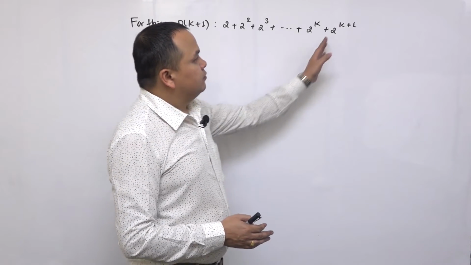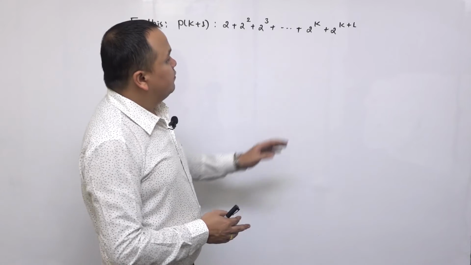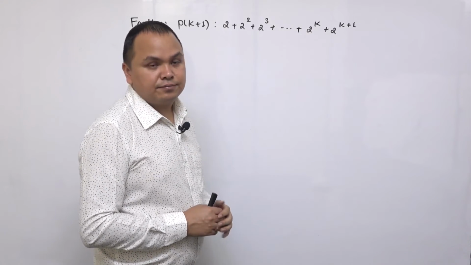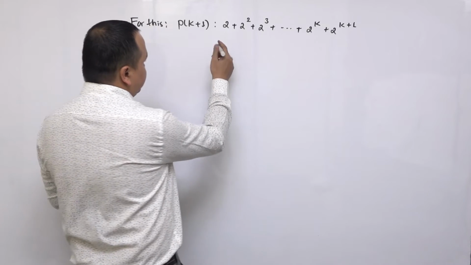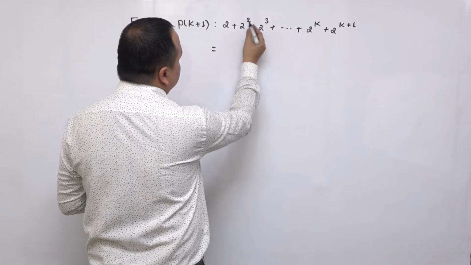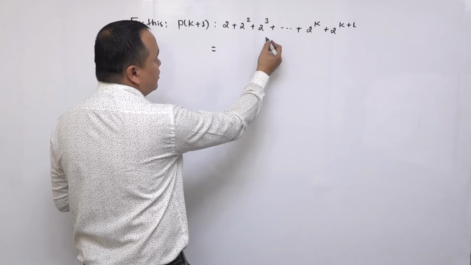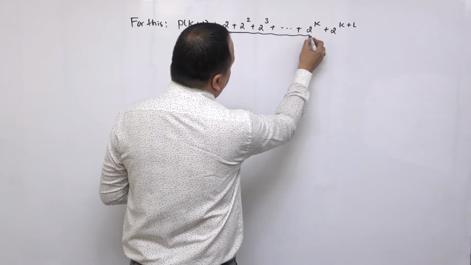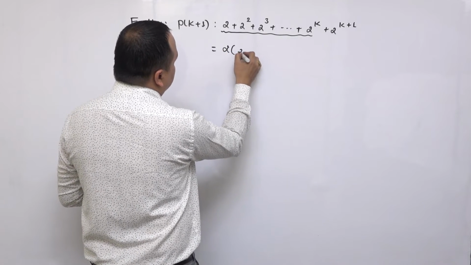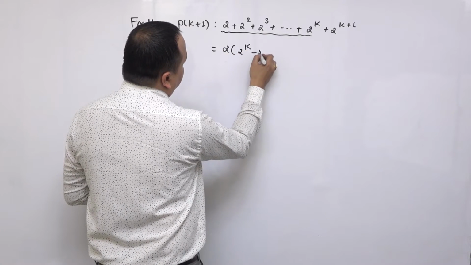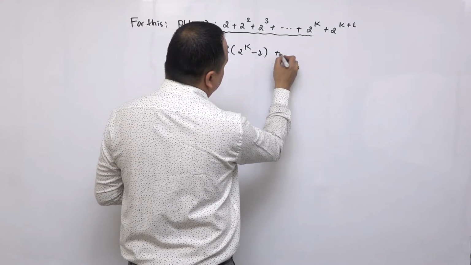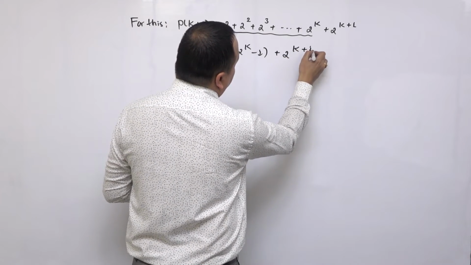For the next term, if we replace k by k plus 1 in the last term, we get the next term. And this is 2 plus 2 square plus 2 cube plus ... plus 2 to the power k, which is 2 times of 2 to the power k minus 1 by equation I, plus 2 to the power k plus 1.